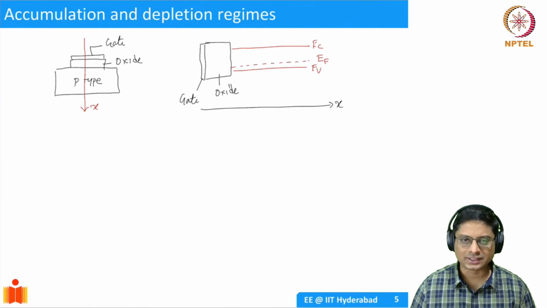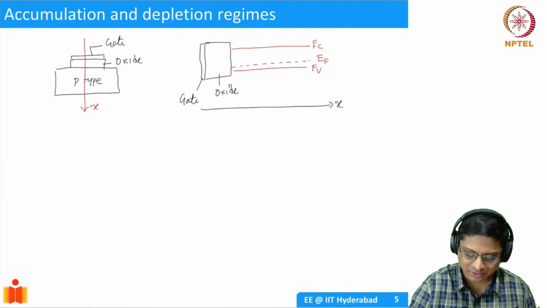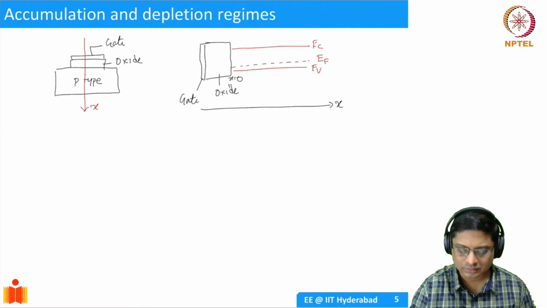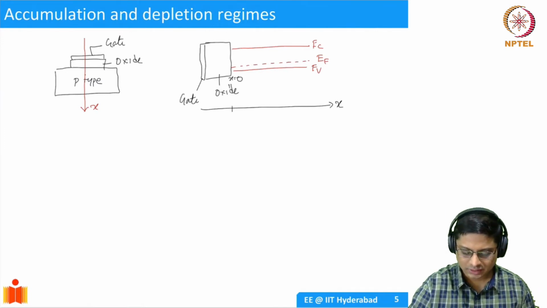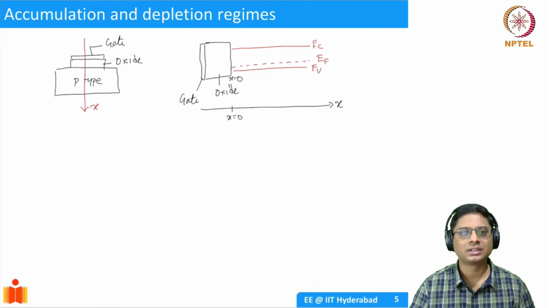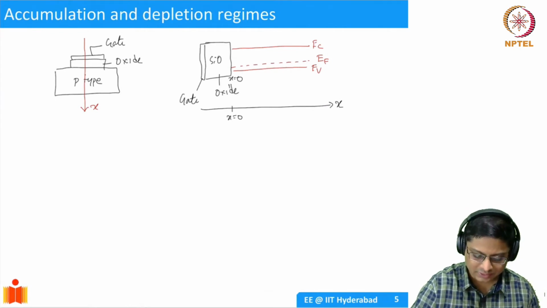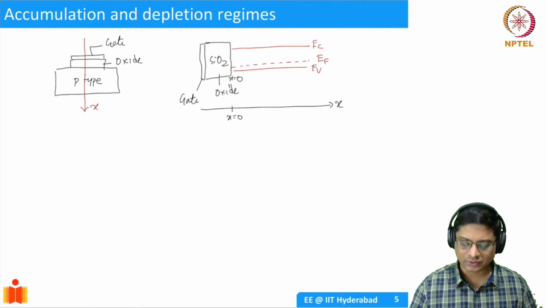Let's say that X equals 0 is the interface, the gate, silicon dioxide and silicon interface. This oxide will be silicon dioxide in most cases for now.